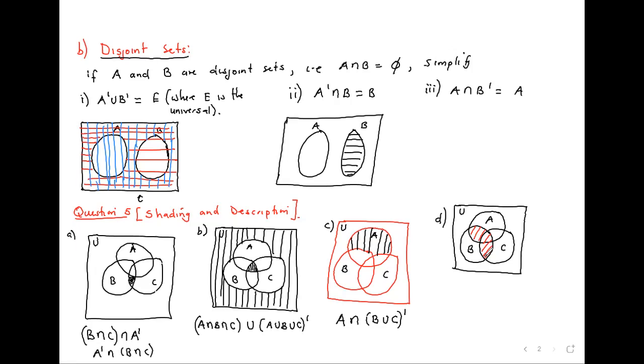A intersection B has been shaded, all of it. So it seems the whole B, where B intersects A, has been shaded, and where B intersects C, has been shaded.